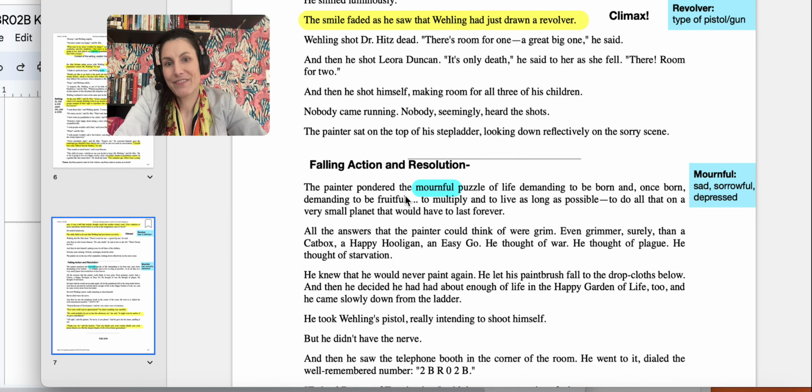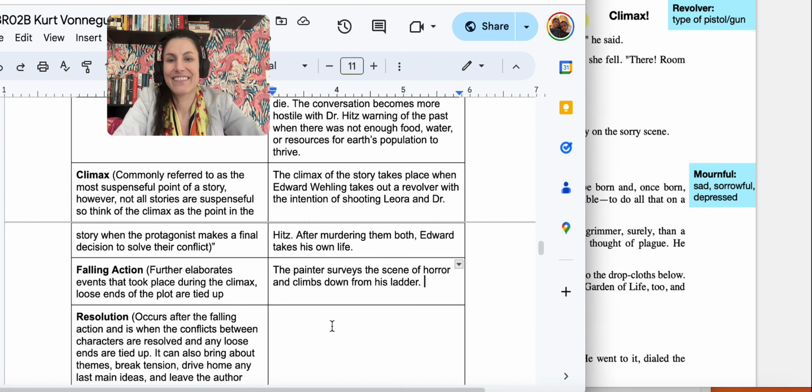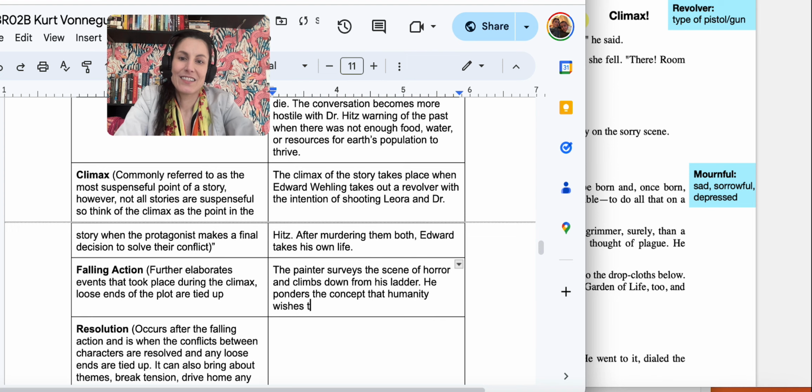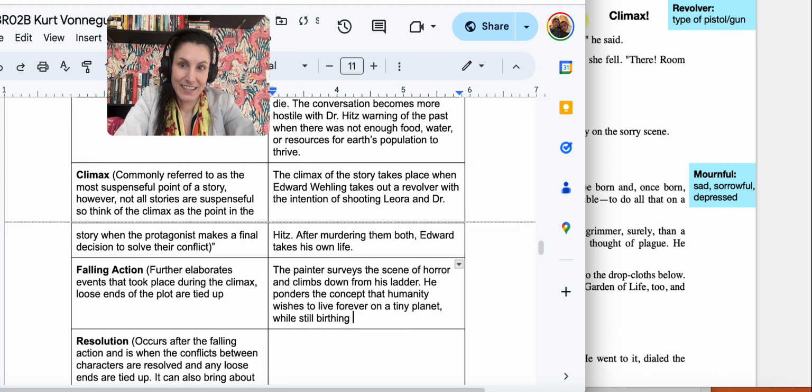We could say he comes to the realization that it's the circle of life and it shouldn't be stressful. Should people have the option to live forever on a tiny planet? I don't know. He ponders how humanity wishes to live forever on a tiny planet while still birthing new people, something like this.